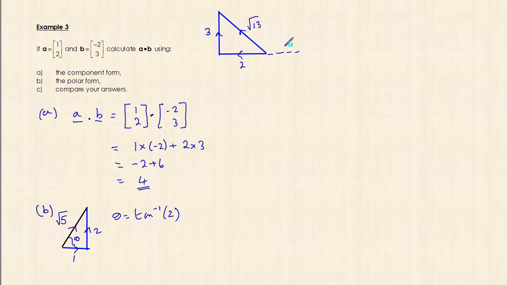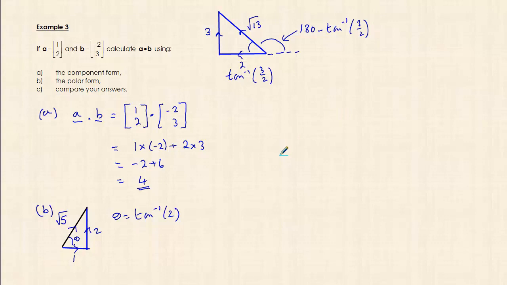And the angle is this one here. If we work out this one here, that would be the inverse tangent of 3 over 2. Therefore, this angle, the one that we actually want, is 180 take away the inverse tangent of 3 over 2.